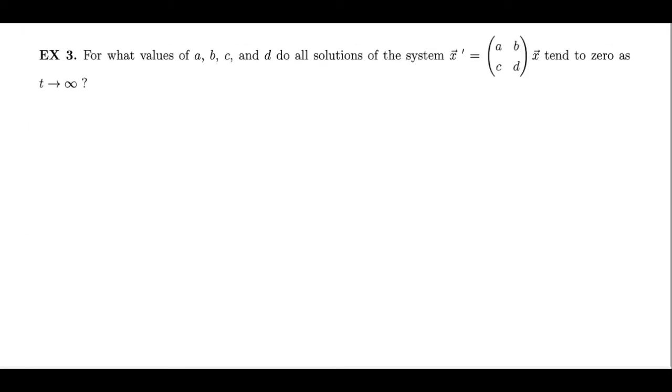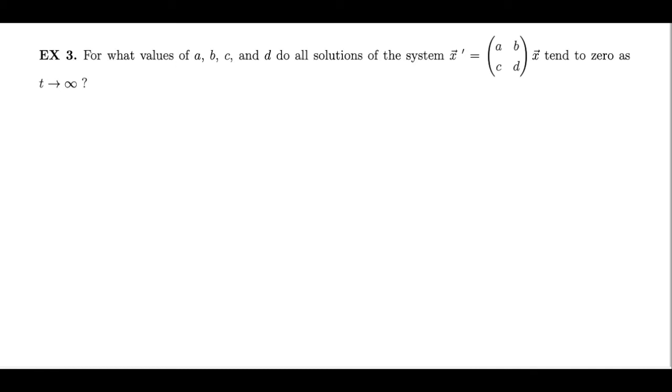This final example, example 3, is sort of a summary of the three different cases that we've considered so far, and it asks us to identify values for these matrix entries, A, B, C, and D, which will force all of the solutions of the system to tend to 0, that is, have a limiting value of 0.